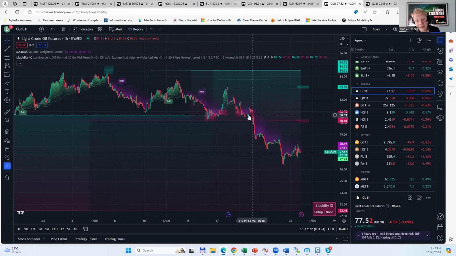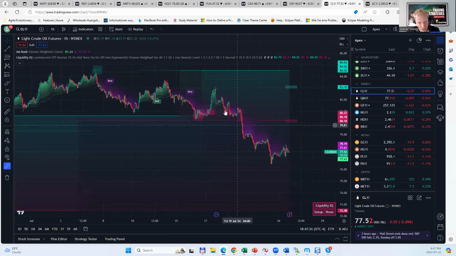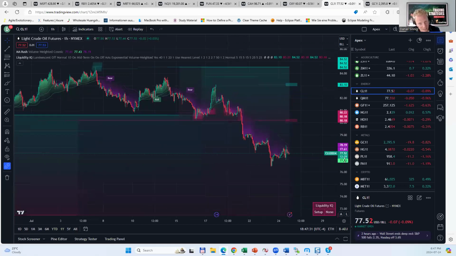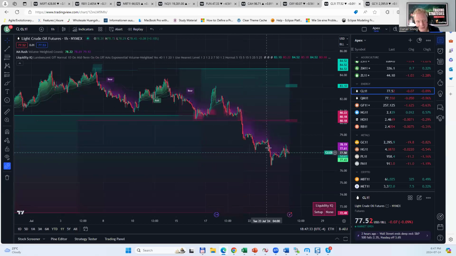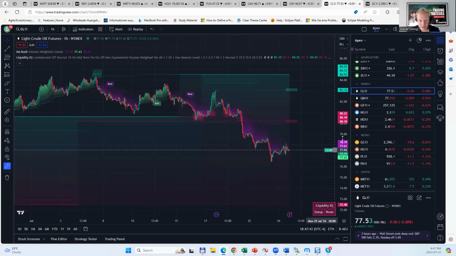Here finally, the break of support. And now we are in a short break event where price has broken this support level. And we'll see what happens. It is not unthinkable that we retrace back to this zone, perhaps for another leg down. But now we are trading below this long-term support with no close level nearby.